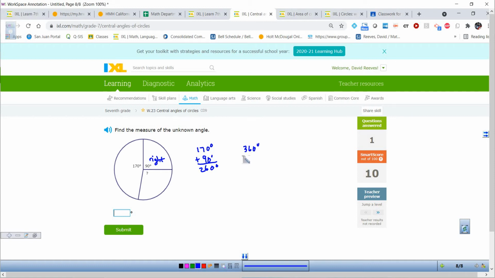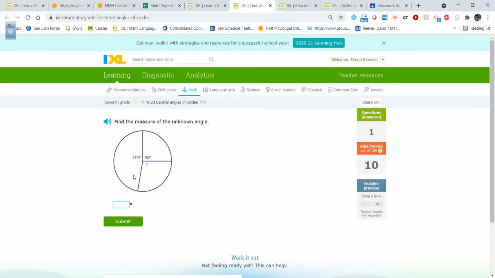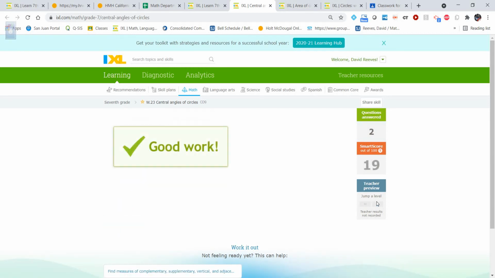Well, it's 360 all the way around, minus 260 that I have, making for a nice, clean 100 degrees that is left, which of course makes sense because if we came straight down, that would be 90 degrees, right? But it's just a little bit bigger than 90. So 100 is a great answer for that question, and it is correct.